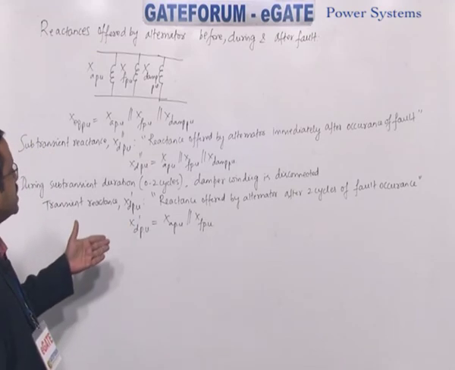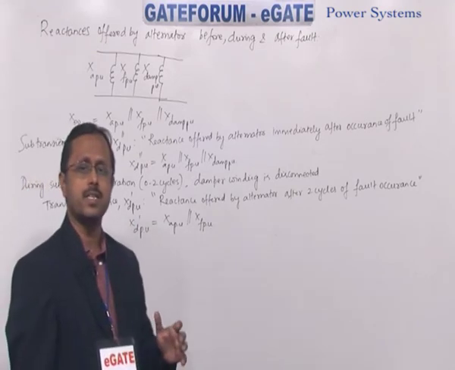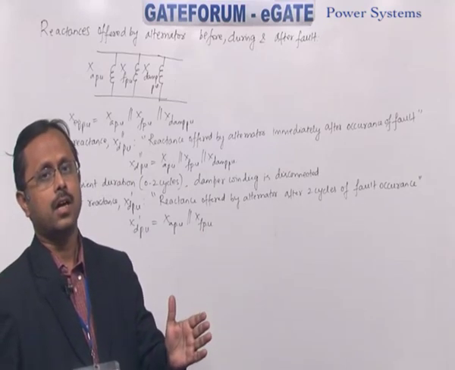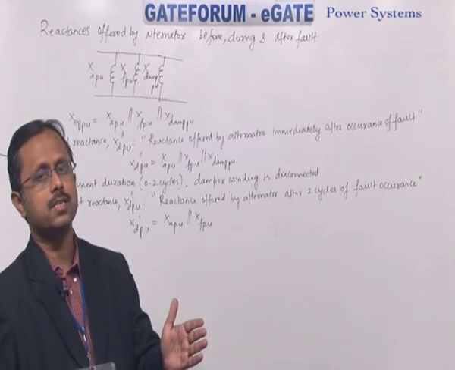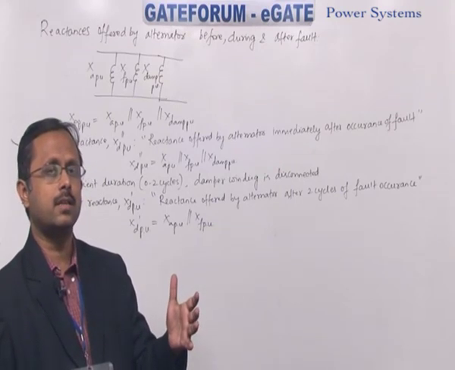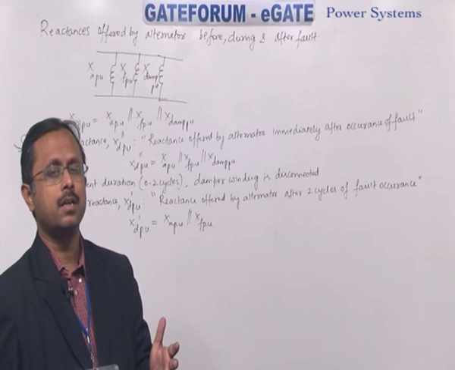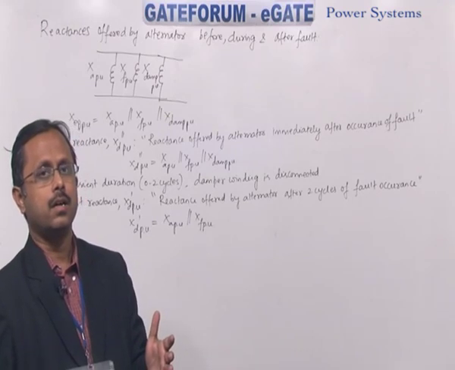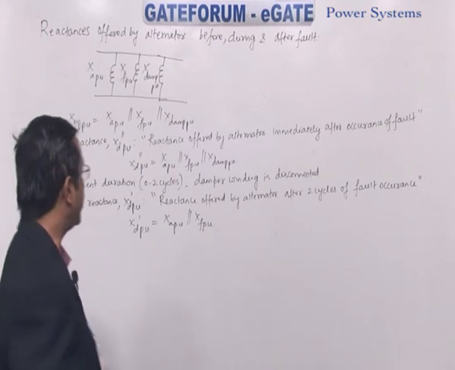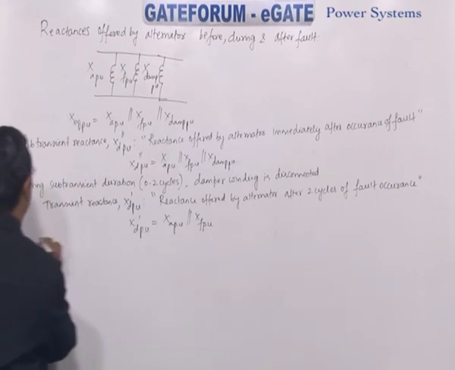And how long does this transient duration exist? For another 2 cycles, that is up to 2 to 4 cycles. And what happens during this transient duration? The field winding is disconnected.